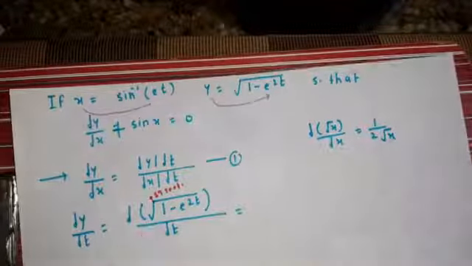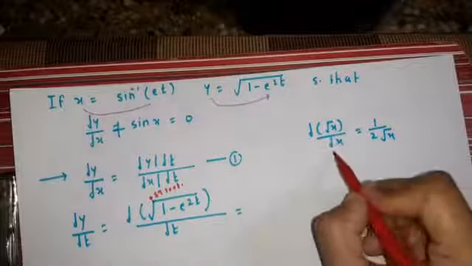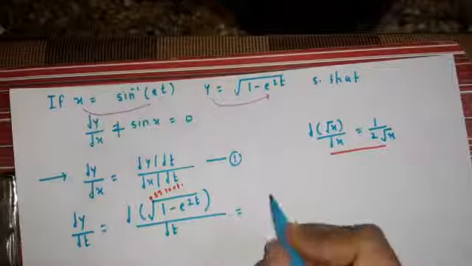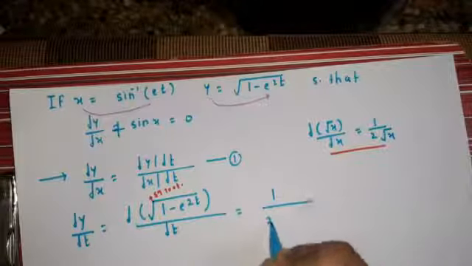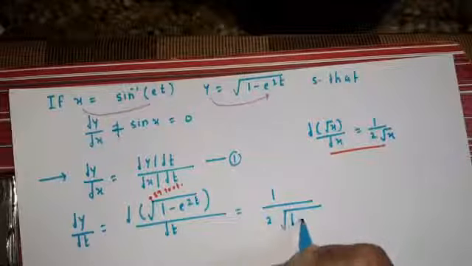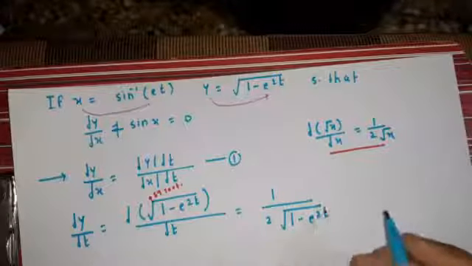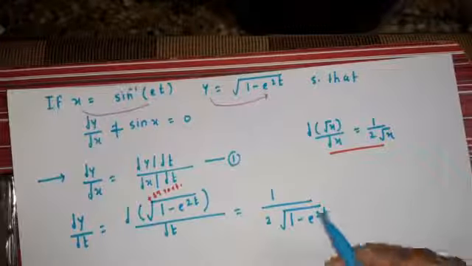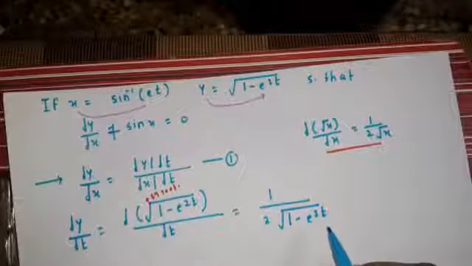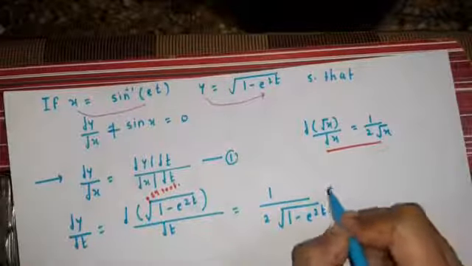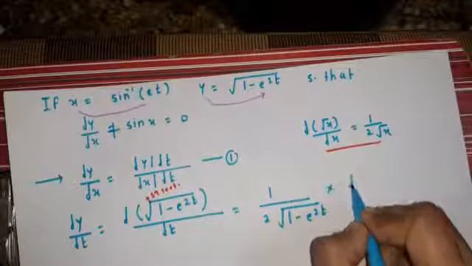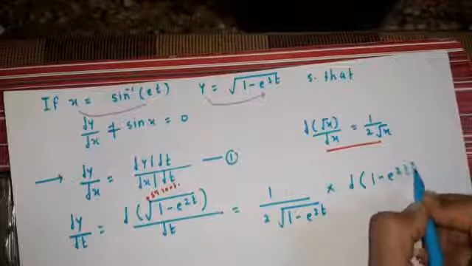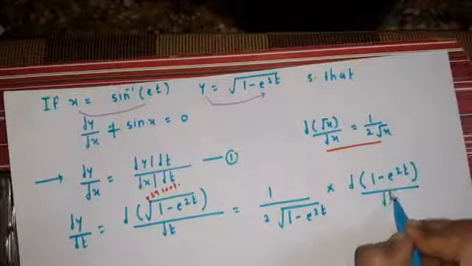So we get 1 upon 2 root 1 minus e raised to 2t. Now the function inside the root, 1 minus e raised to 2t, is again a differentiable function, so differentiate it again, that is differentiation of 1 minus e raised to 2t with respect to t.